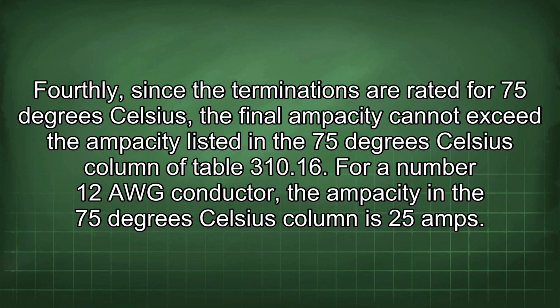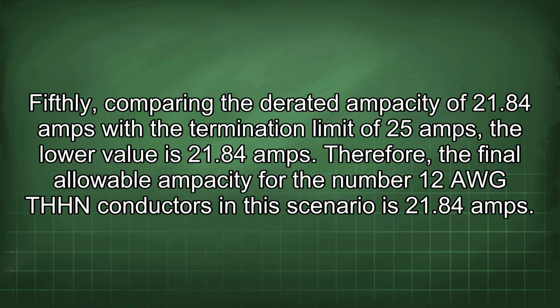Fourthly, since the terminations are rated for 75 degrees Celsius, the final ampacity cannot exceed the ampacity listed in the 75 degrees Celsius column of Table 310.16. For a number 12 AWG conductor, the ampacity in the 75 degrees Celsius column is 25 amps. Fifthly, comparing the derated ampacity of 21.84 amps with the termination limit of 25 amps, the lower value is 21.84 amps. Therefore, the final allowable ampacity for the number 12 AWG THHN conductors in the scenario is 21.84 amps.